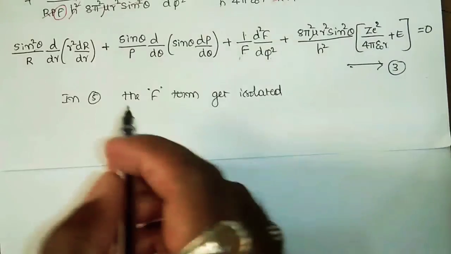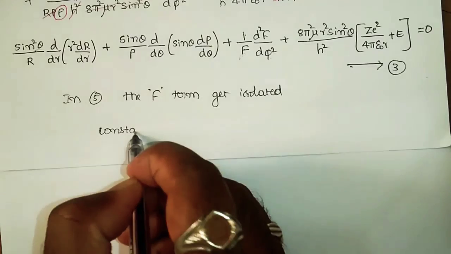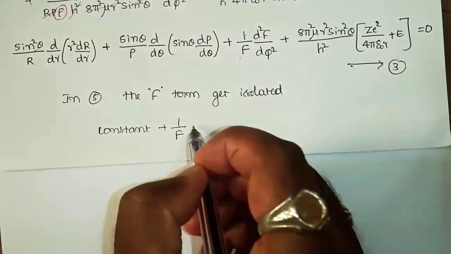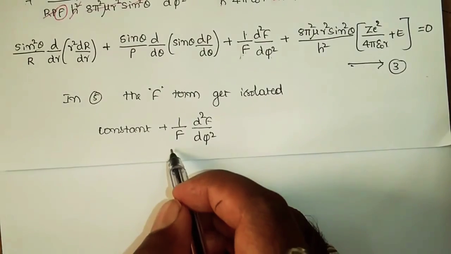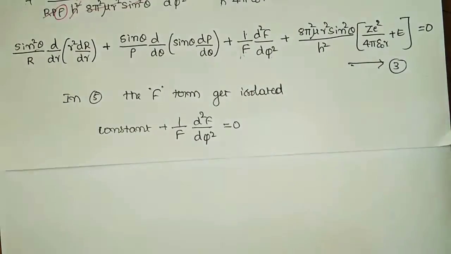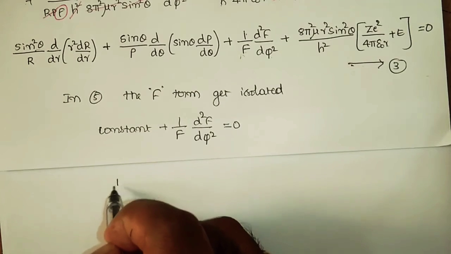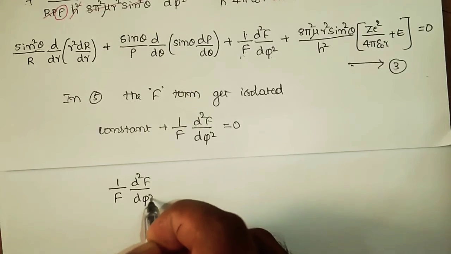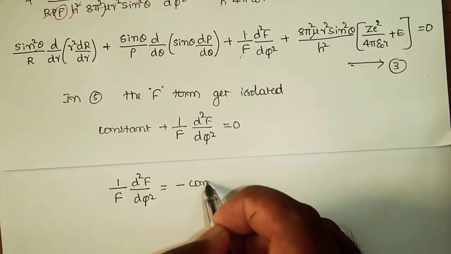So these things will remain constant. So we can write the remaining part as a constant plus 1 by f into d square f by d phi square equals 0. Excluding this term, all the remaining parts have been taken as constant. Now we can alter this expression once again. So 1 by f into d square f by d phi square, the constant will be taken to the left hand side, so it will be minus constant.